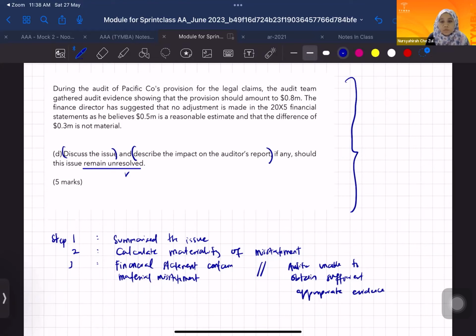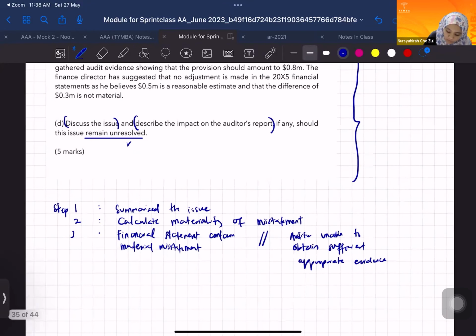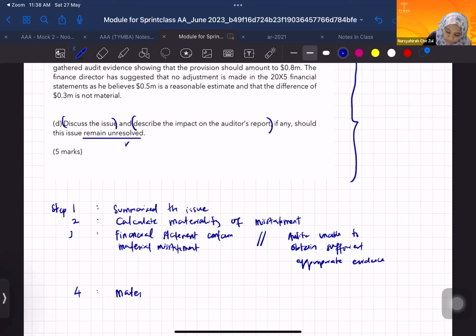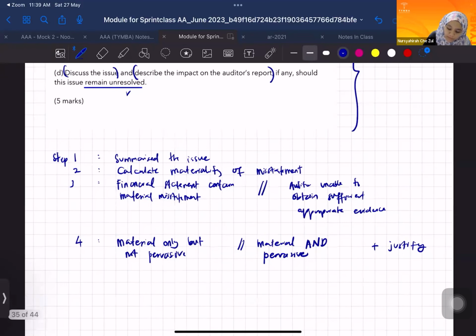Sometimes due to fire, sometimes due to flood, or sometimes management imposes restriction on the auditor. Step 4, you have to determine whether this issue is material only but not pervasive, or material and pervasive, plus justify.